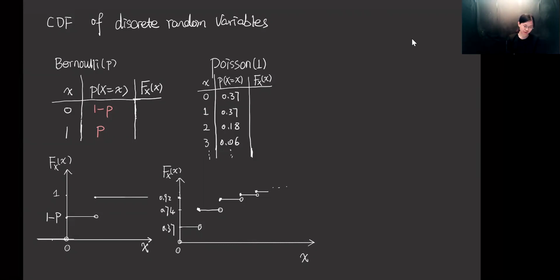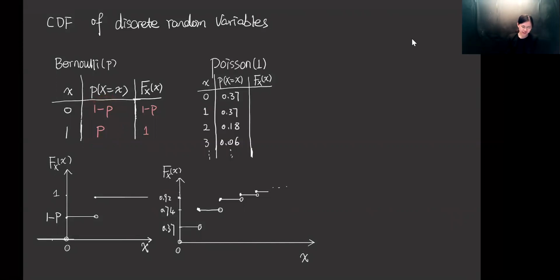Well, there is only one value of X that can be less than or equal to 0, which is 0. Therefore, that probability equals the probability that X equals 0, which is 1 minus p. And what's the probability that X is less than or equal to 1? That should be 1 because all the possible values of X are less than or equal to 1. So when you calculate the CDF, you simply take the cumulative sums of the column that describes the distribution of the discrete random variable.